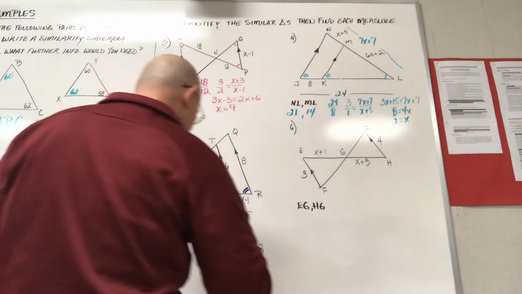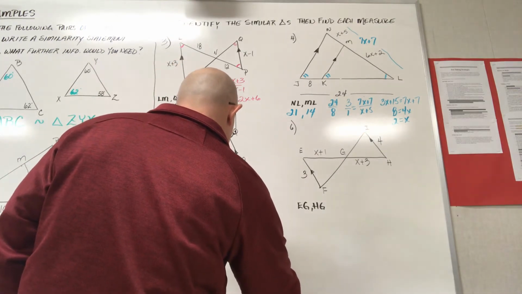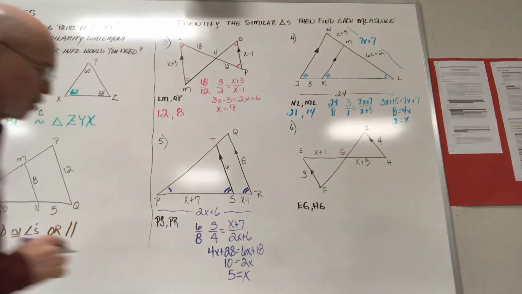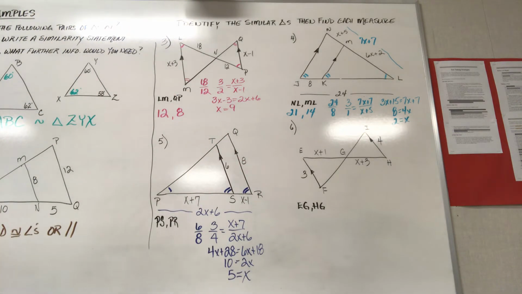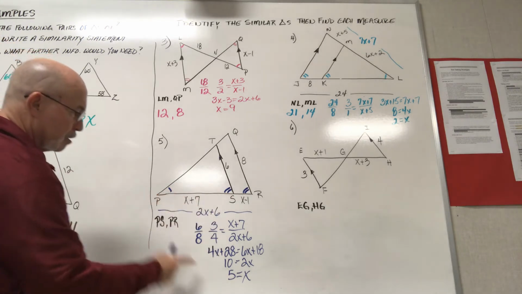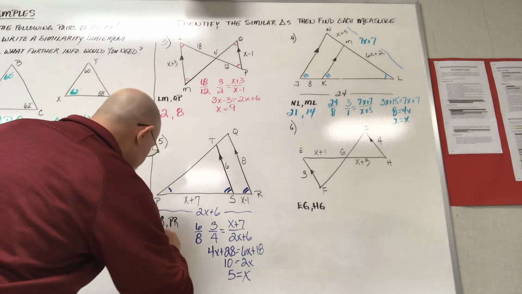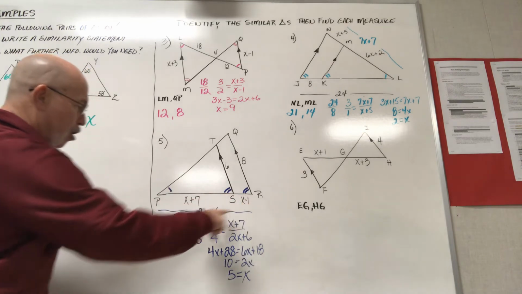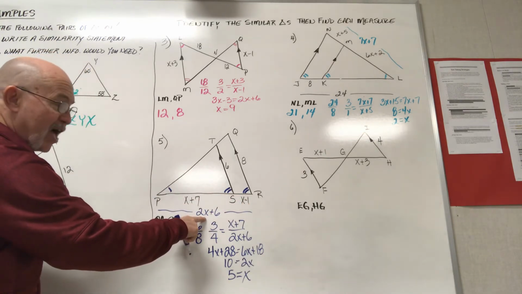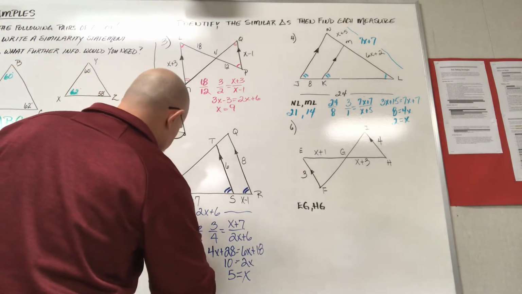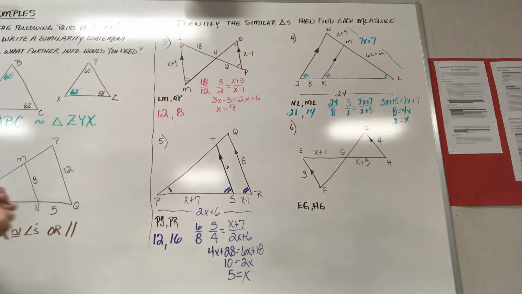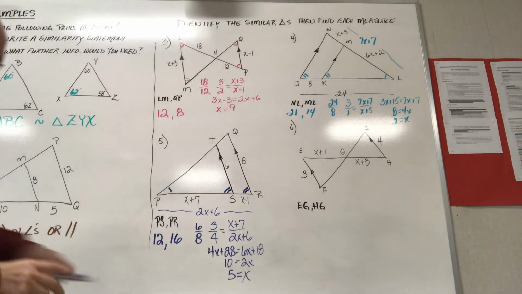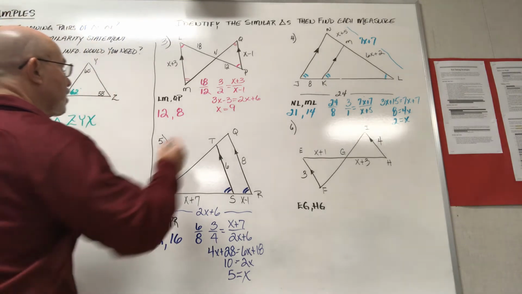Solve. Good so far? Now, it wants PS, so 5 plus 7 is 12, and PR. 2 times 5 is 10, plus 6. There's my two answers there. That's what I've got going.